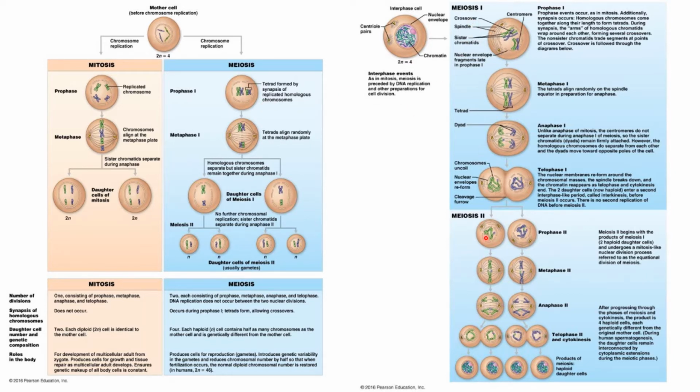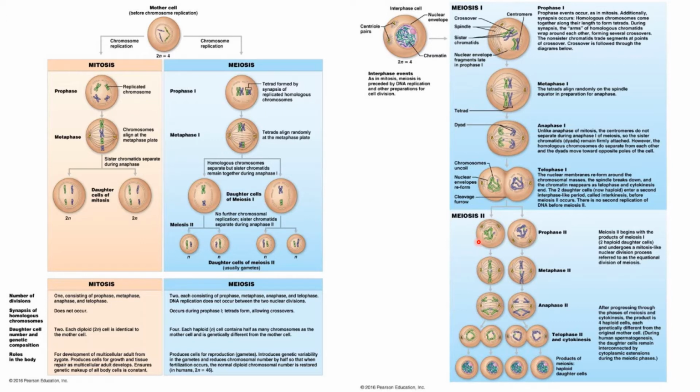So in meiosis, we go through two divisions, meiosis 1 and meiosis 2. And so we have to go through prophase, and so we call it prophase 1, metaphase 1, etc. At the end of the first division, we get two haploid daughter cells.